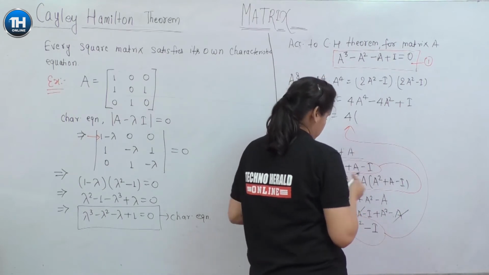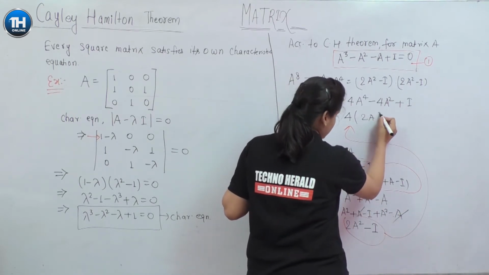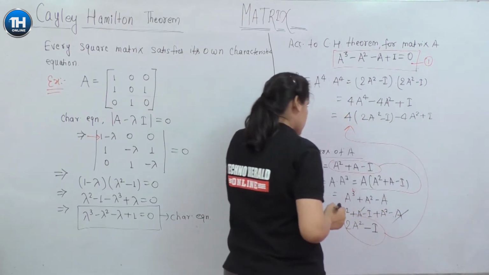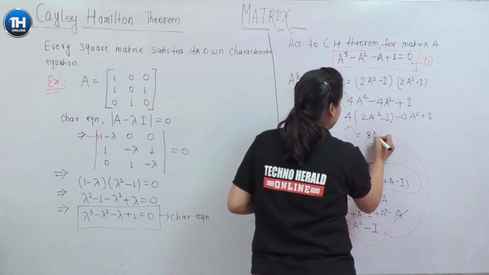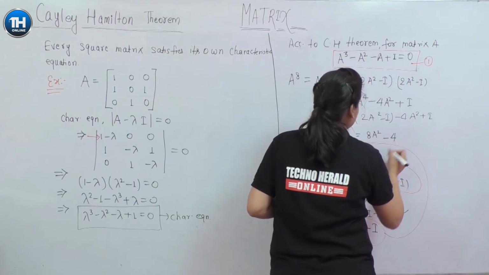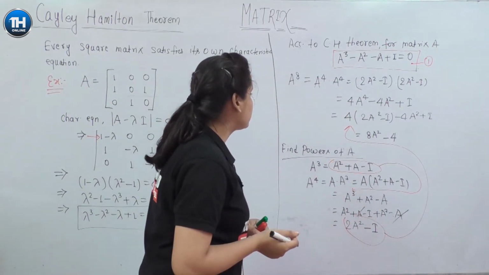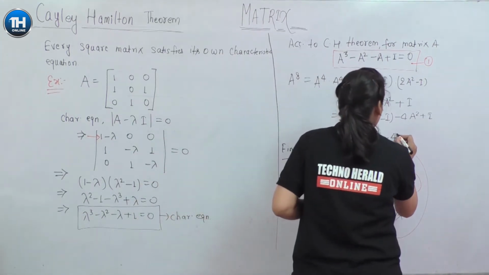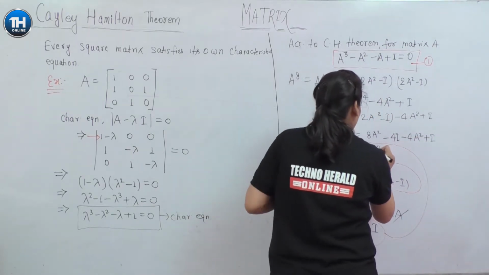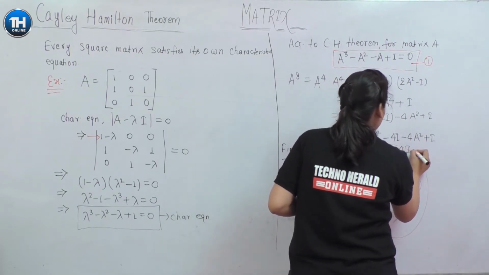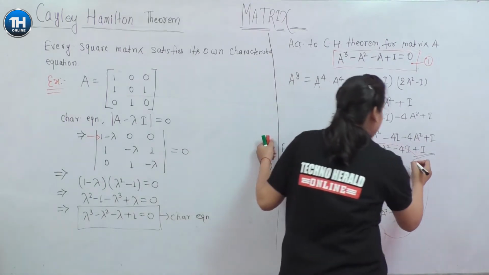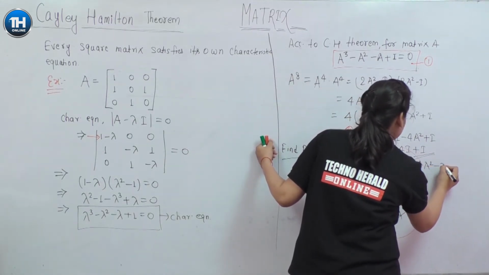So this will be 4 into (2A square minus I) minus 4A square plus I. So this will be 8A square minus 4I minus 4A square plus I. So this is 4A square minus 4I plus I. Okay, so 4A square minus 3I.